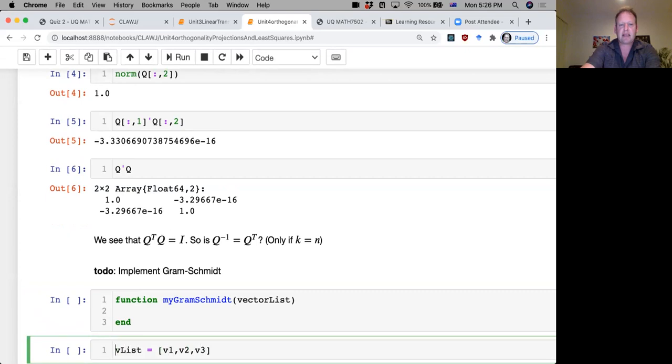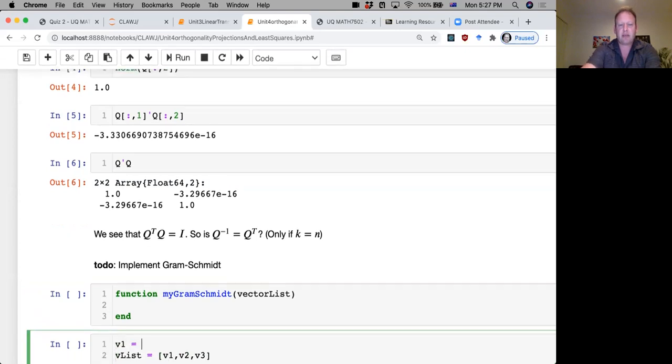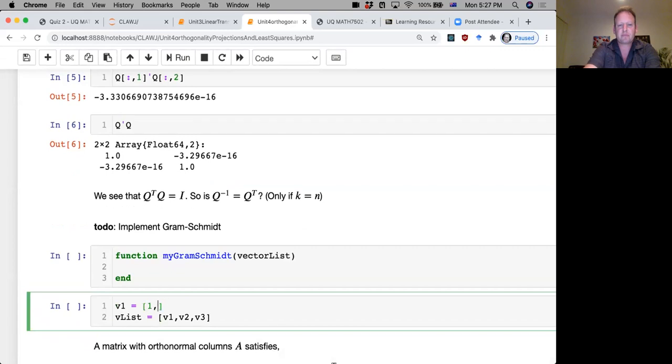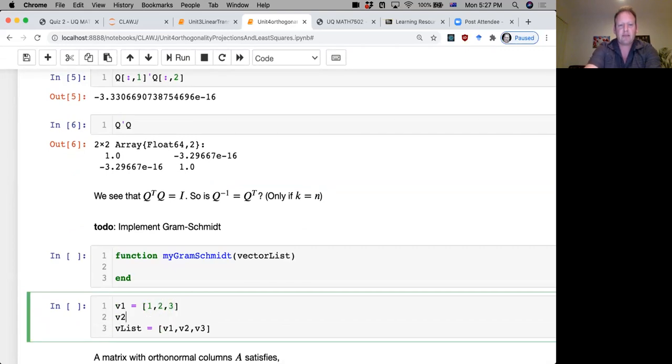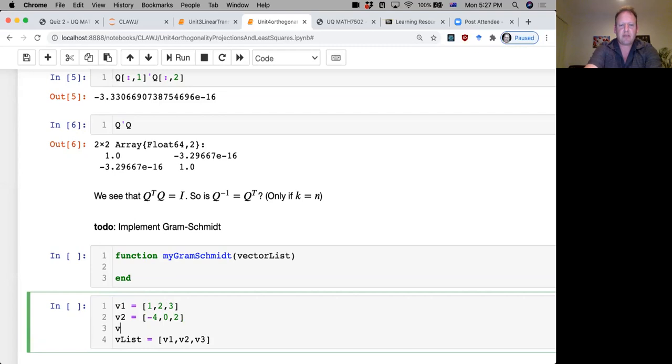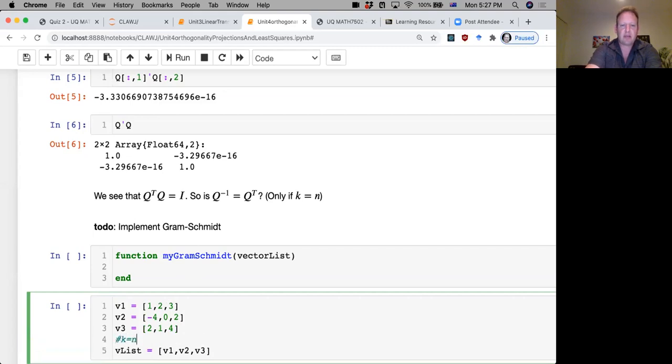Let's take V1 to be 1, 2, 3, and V2 to be -4, 0, 2, and V3. So I'm taking here in this example K equals N, and V3 is 2, 1, 4, for example. So here I'm taking K equals N equals 3.